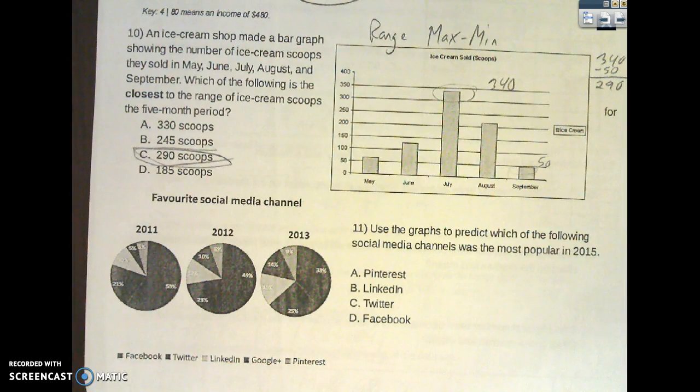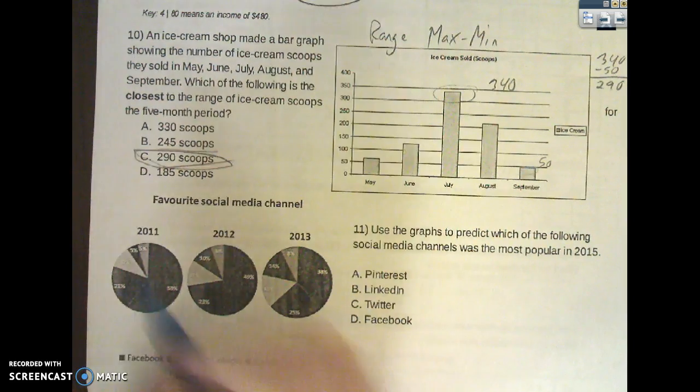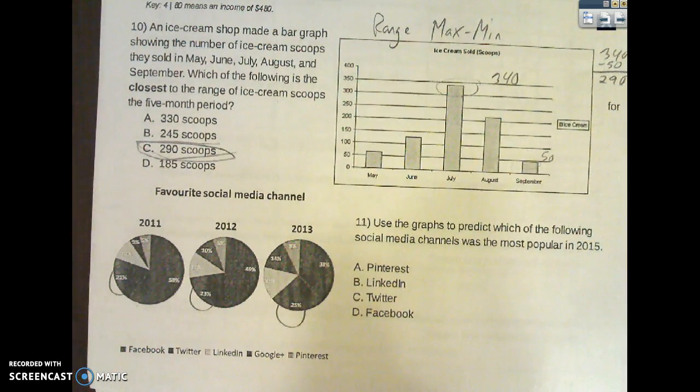Number 11 is tough, and I do apologize because it's really, really hard to see. Use the graphs to predict which of the following social media channels was the most popular in 2015. It's the one that's growing the most, this one right here, the one that's 21, then 23, then 25. I think it's Twitter.